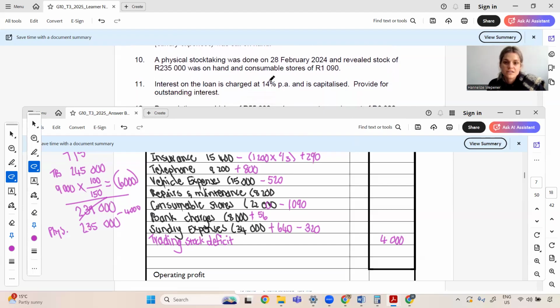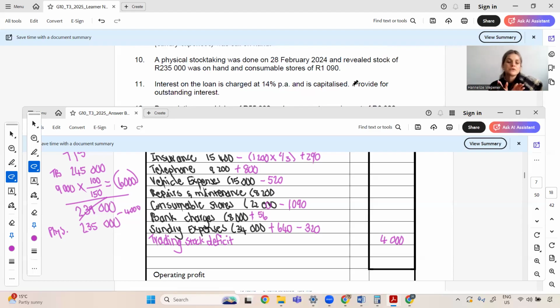Right. Interest on the loan is charged at 14% per annum and is capitalized. So what capitalized means is that you add it onto the loan. So you're not going to make a specific payment for your interest. You're going to make like a once-off, including capital and interest. So you're just going to add the interest onto the loan, and that's usually what your car finance will work like one day.